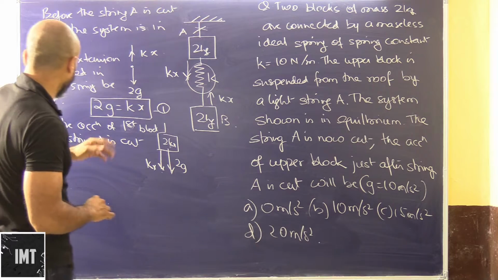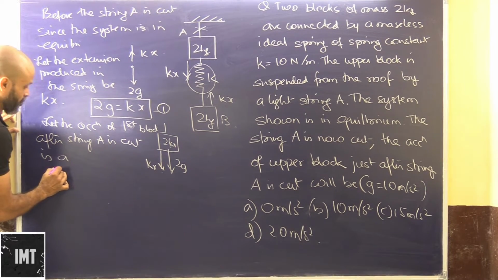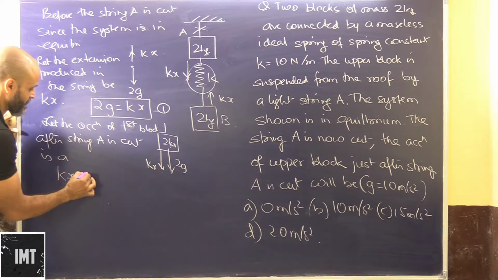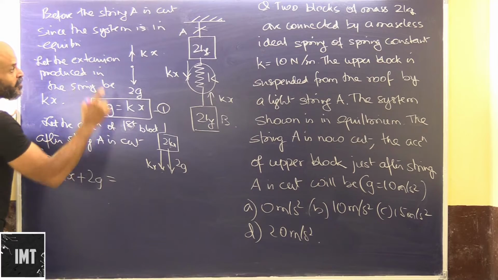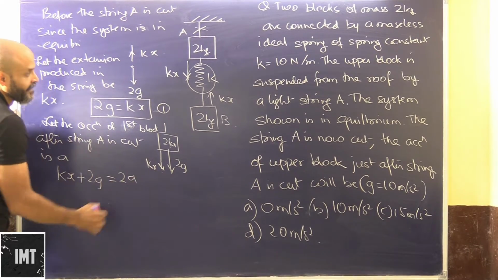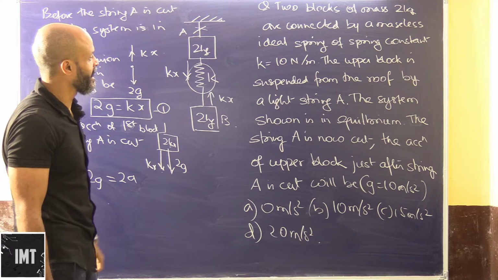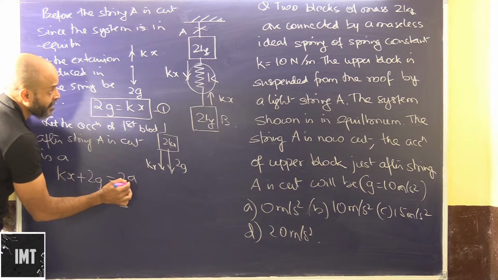So what do we have here? We will have kx plus 2g equal to 2a. Are we getting this, people? So this will be the acceleration, 2 into a.